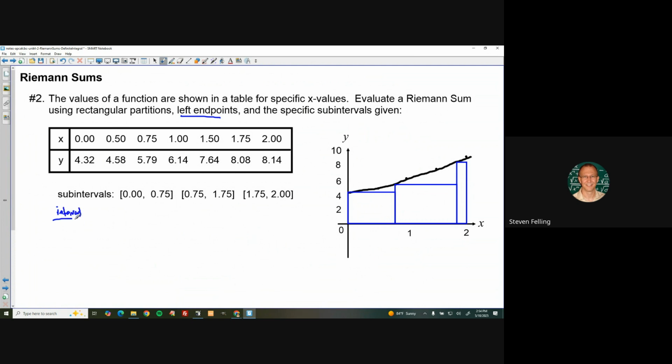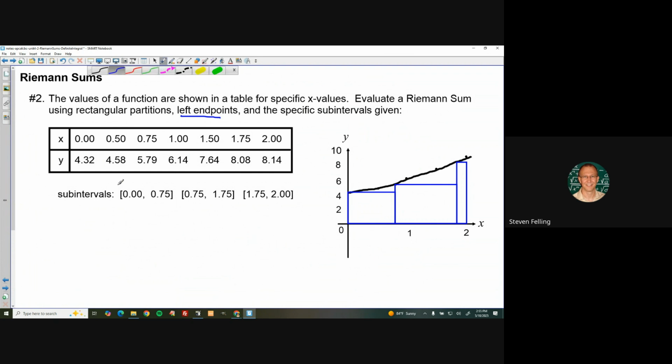So we're going to say the intervals have to go from x is 0 to 0.5. And then we're going to have something from 0.5 to 0.75, from 0.75 to 1, from 1 to 1.5, from 1.5 to 1.75. Oh wait, they actually gave me a smaller list, thankfully, because that was going to be a lot of work.